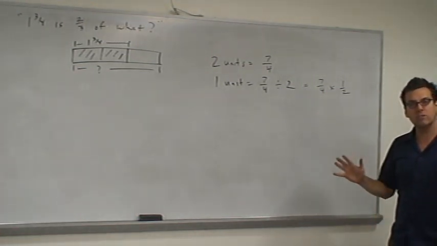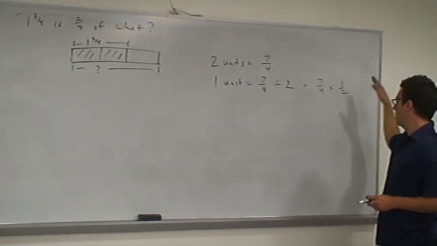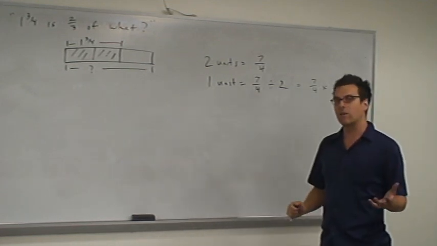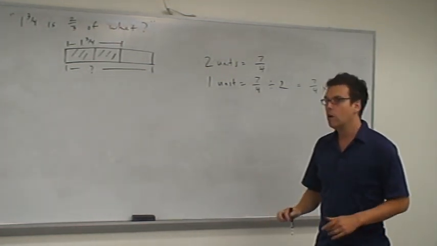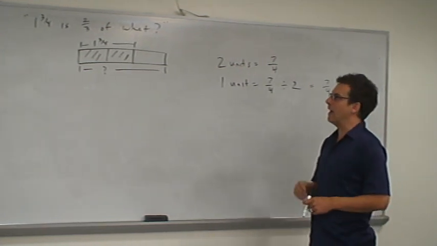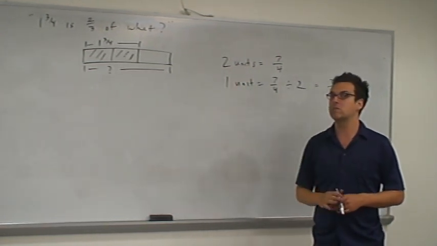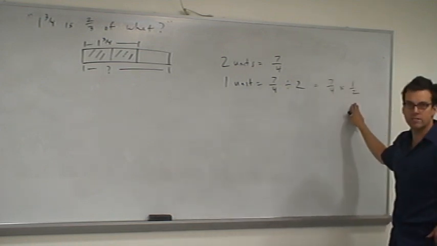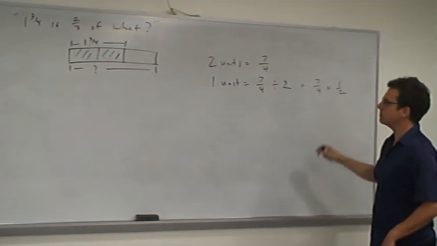I know we're always tempted to go all the way and find the answer, but remember, the answer is not necessarily what we're really interested in right now. What we're interested in is showing that 1 3/4 divided by 2/3 is equivalent to 1 3/4 times 3/2. So I'm going to leave this as 7/4 times 1/2.